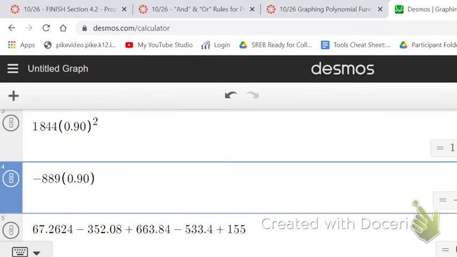All right, so did you remember to add the 155 on the end? Because you should have added up 5 terms altogether. So let's add all those up.